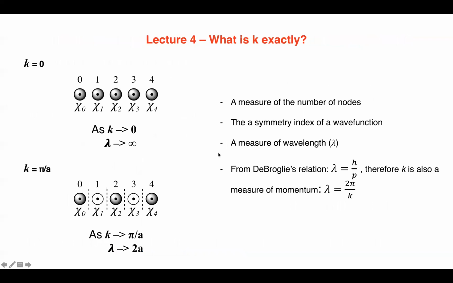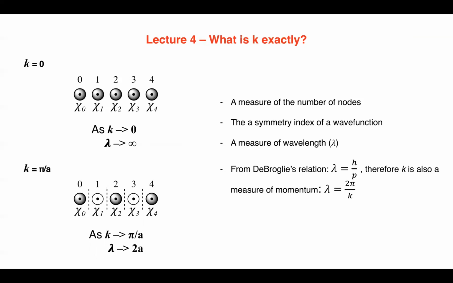All right, so let's talk a little bit more about what k is, okay? Because k is used to talk about wave functions. It's kind of like a quantum number in solid state physics. The value of k tells you about how many nodes there are in a wave function. It also tells you something about the symmetry of that orbital.